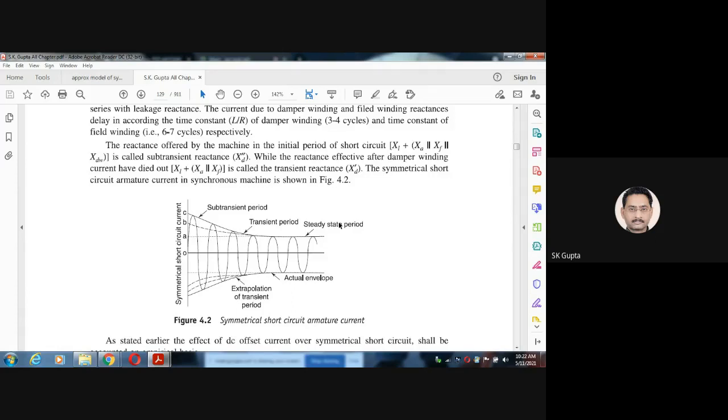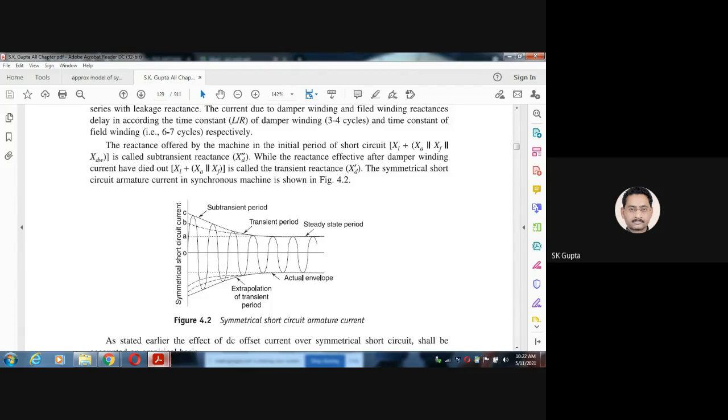There are several windings in the synchronous machine. We simply can't say the reactance is XS, because there are different windings in the synchronous generator. The field winding is on the rotor, and the damper winding is again on the rotor.